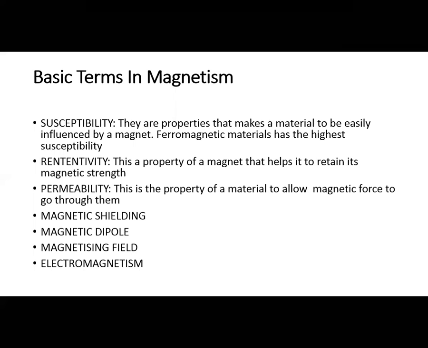Since you are using the north here, the end is going to be the south, so the extreme end over here is going to be the south. But for this one we're using the south, so the extreme end is going to be the north. That's how we can use two bar magnets to induce magnetism into a metallic substance.